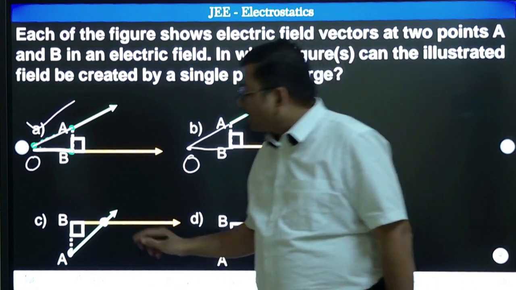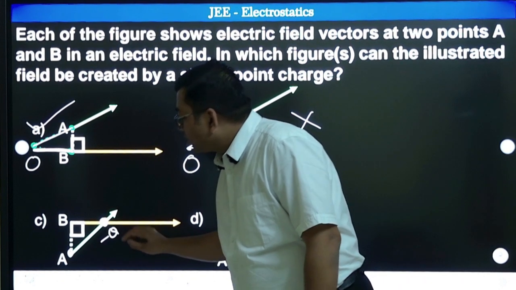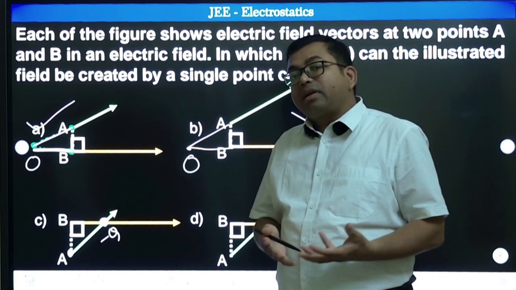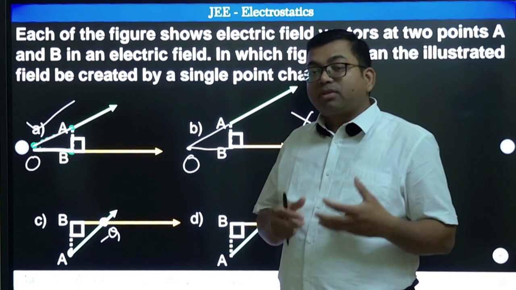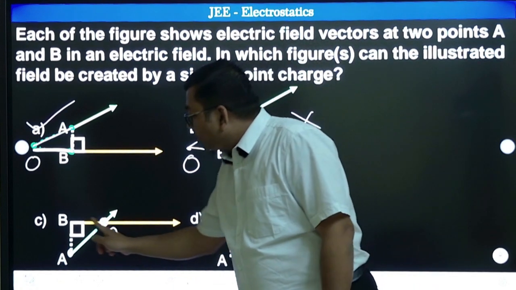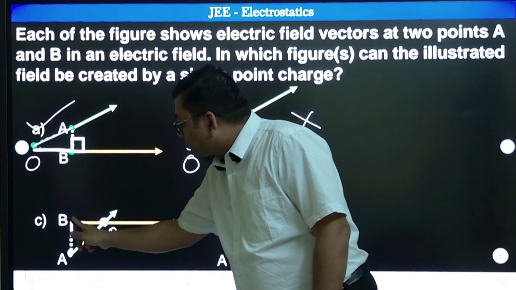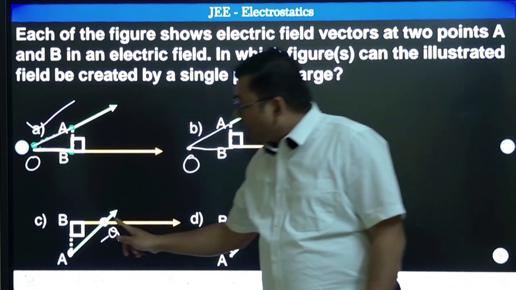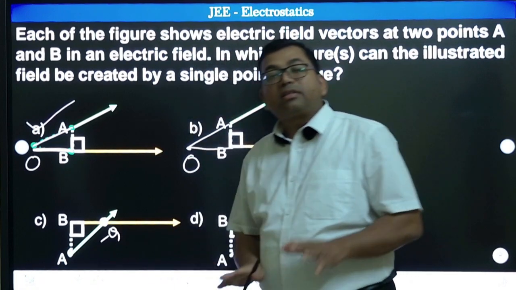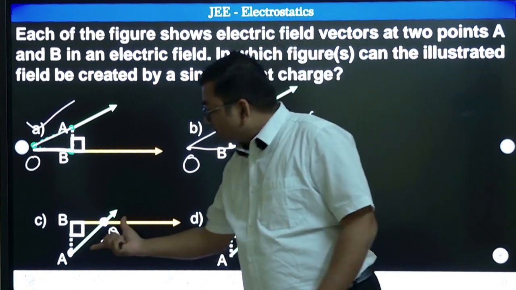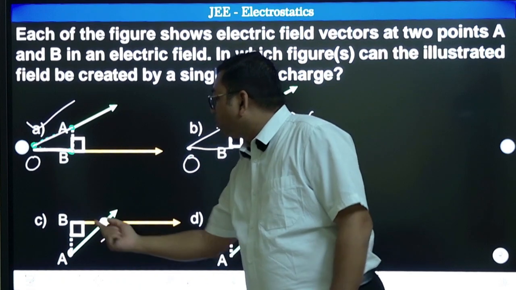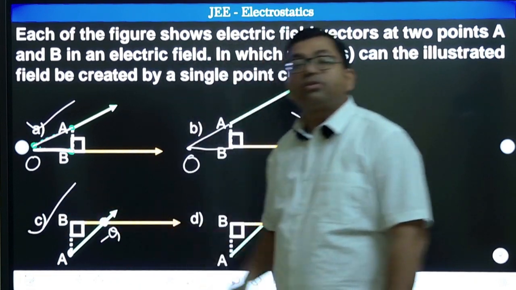That means there can be a negative charge. Again you have to see the distance or the magnitude of the field. Here this distance is smaller, so this field must be larger, and because this hypotenuse is larger, the field must be smaller, which is correct. Because this length is small and this length is large, this is also correct.